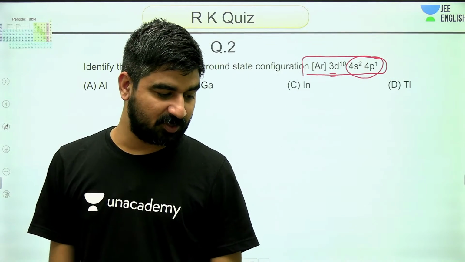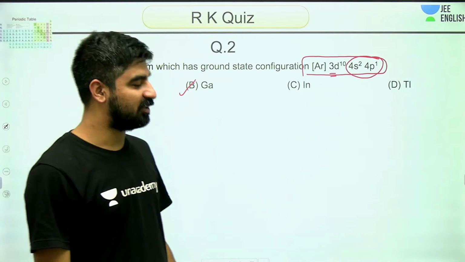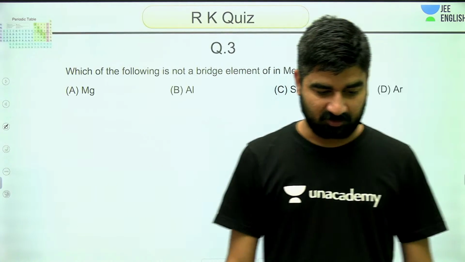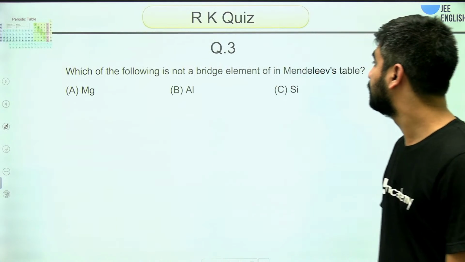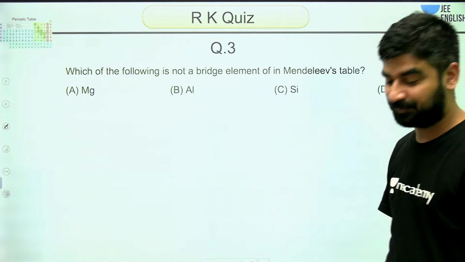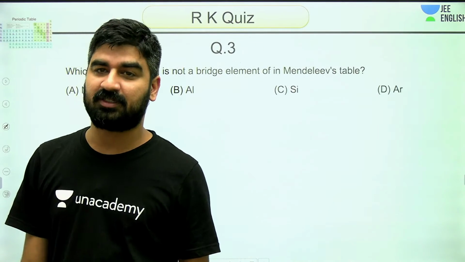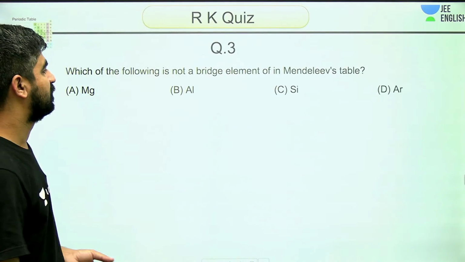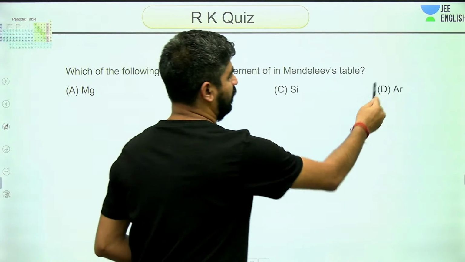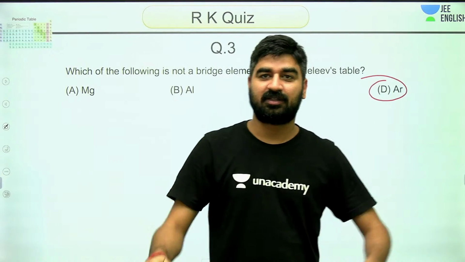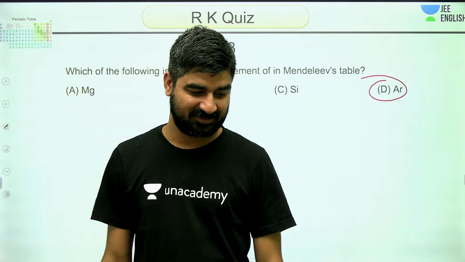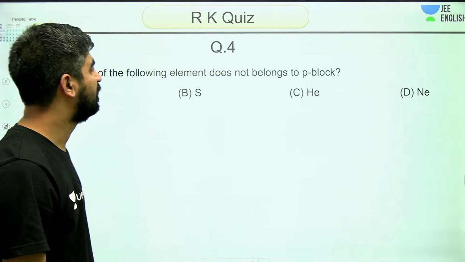So if you know the periodic table well, then you can answer all these questions, guys. Now let's take the next one. Not a bridge element. Yes, I'm just helping you to revise the concept we have covered in the last class. So guys, argon, I told you that in argon, it does not make any bridge. Got it? So let's move.